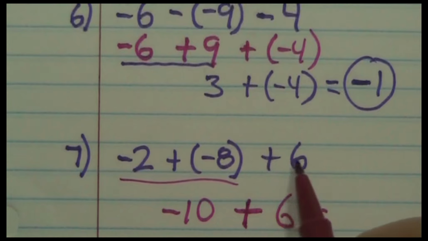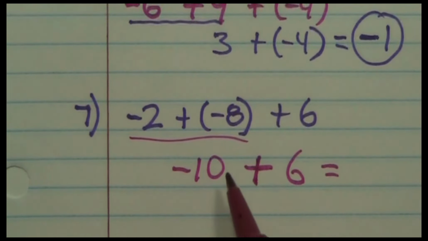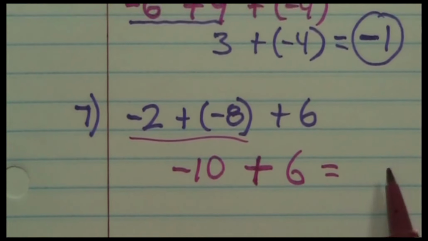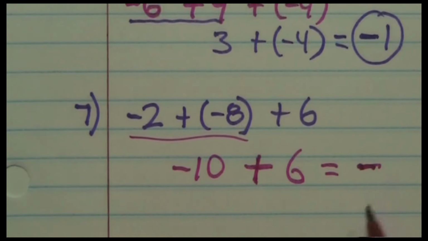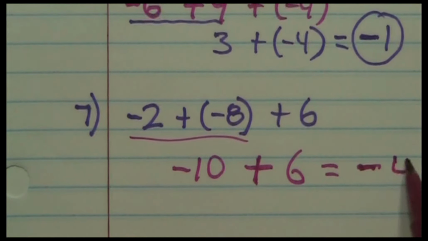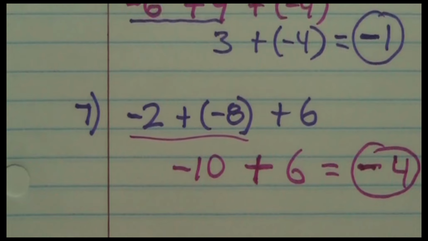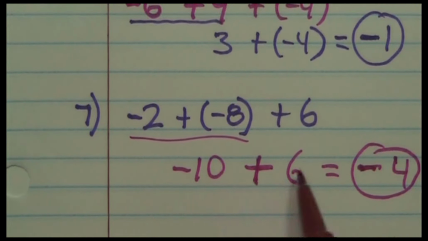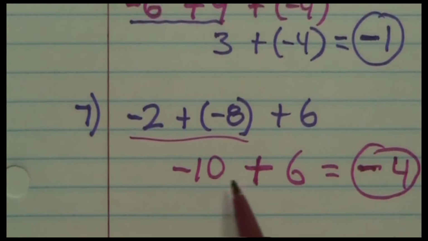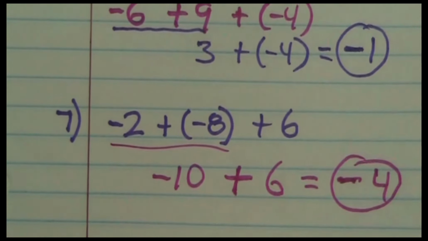And then I have a +6. Okay, you know there's more negative. How many more negatives are there? 4. So if they're different signs, just subtract them. 10 take away 6 is 4. 4 negatives. There's more of that.